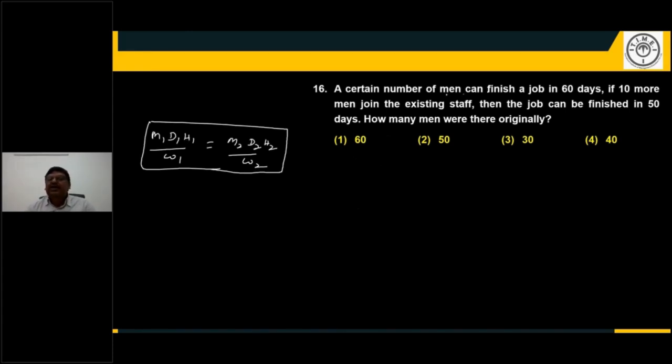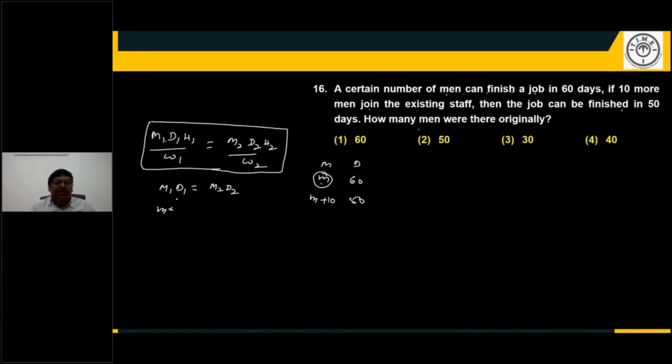A certain number of men can finish it in 60 days. So let's say M men can complete the work in 60 days. This is the number of men, this is the number of days. If 10 more men join, I have M plus 10 people. The existing job can be done in 50 days. So what is the number of men originally? What is this M value? Hours and work are not there in this formula. M1 D1 is equal to M2 D2.